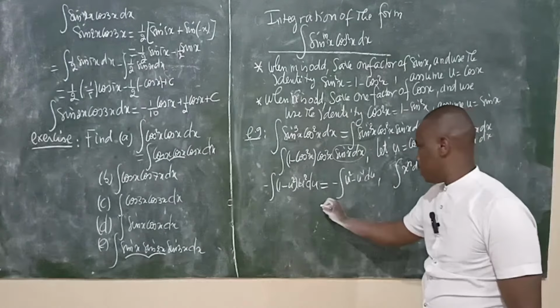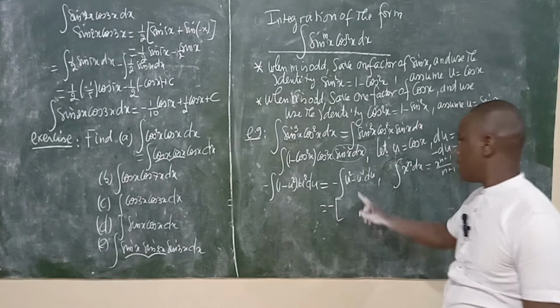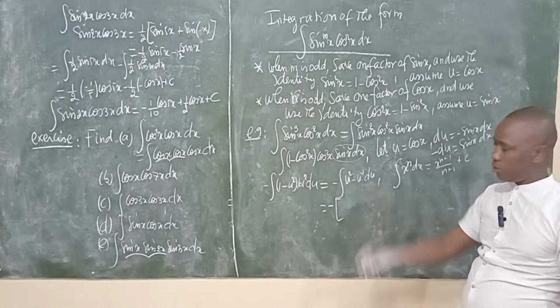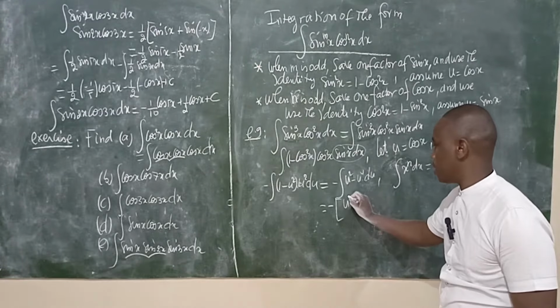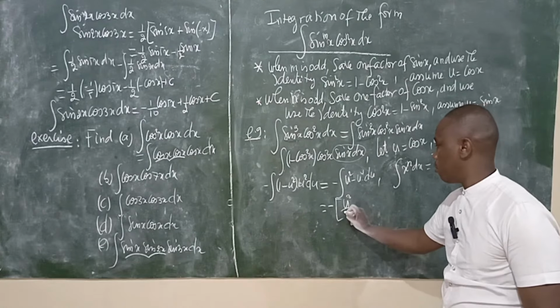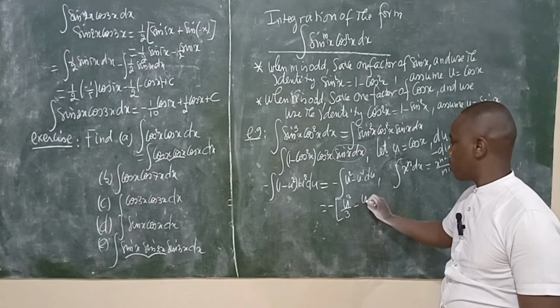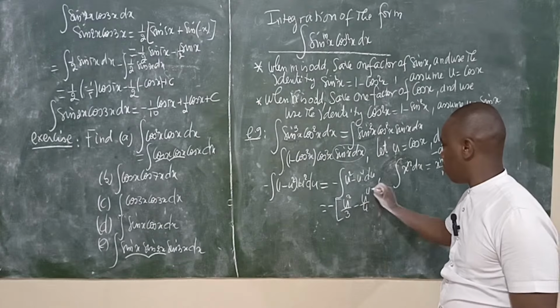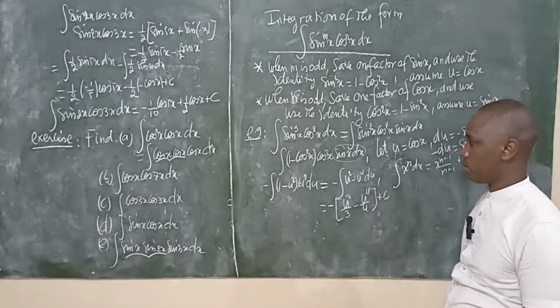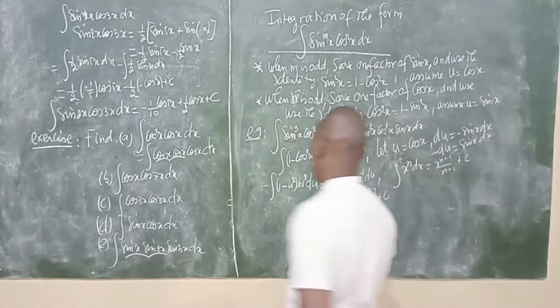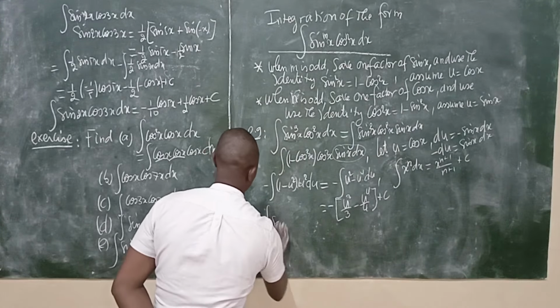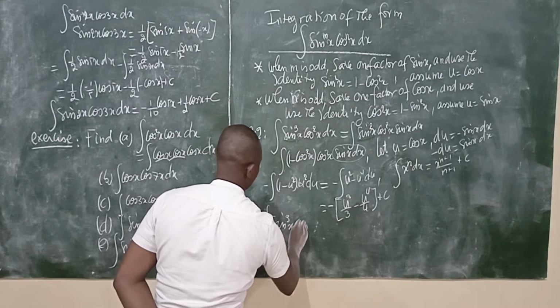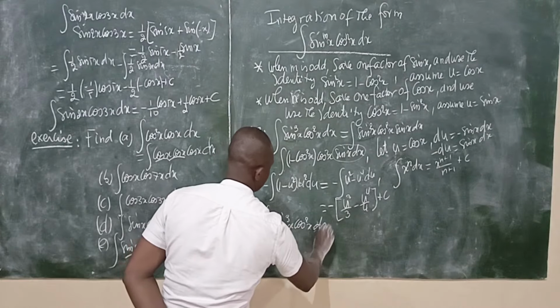That's why this will be minus, because here is power of 2, we are going to add 1 there. That is u^3/3 minus u^4/4 plus c. Now, the given integral, we will have sine^3 x cosine^2 x dx.